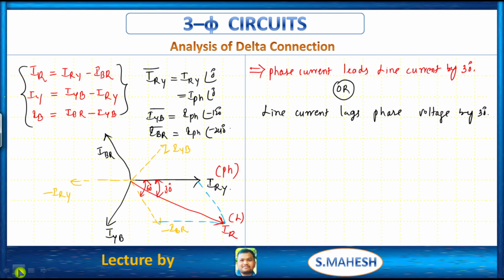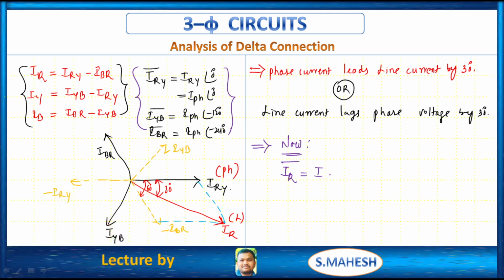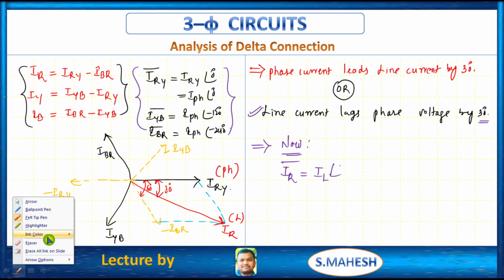that is, we can write, see, IRY, which are nothing but phase currents. Now IR, which is equals to I line, at an angle is what? Plus 30 or 0 or minus 30. See, what is the condition? Line current lags phase current by 30 degrees.